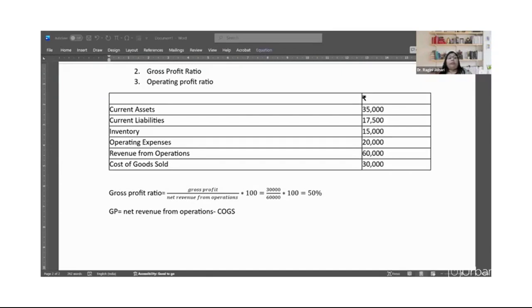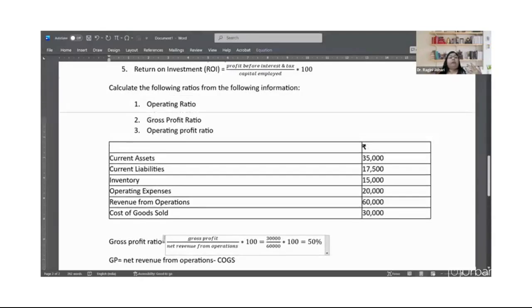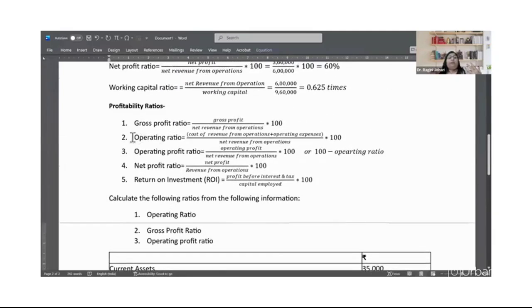Now we come to the next part, that is operating ratio. So basically, what is operating ratio? Operating ratio is, you can say, cost of operations ratio. Okay. So we take out the formula from here. Operating ratio formula is this.